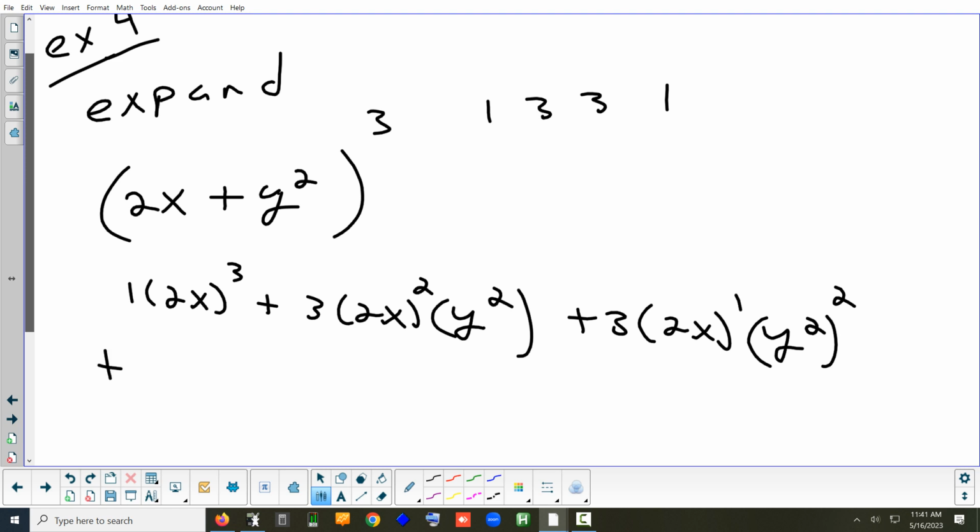And then the last term is going to be 1. The 2x is gone. We don't have that anymore. And now the y squared goes up to the third power.